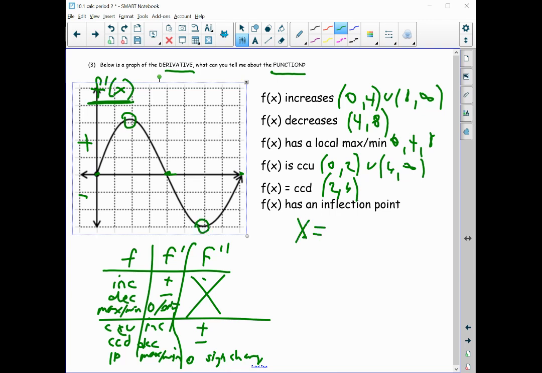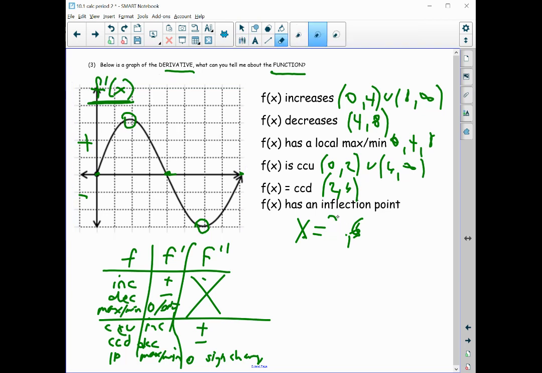Now, here's where we get confused a lot. I just told you that endpoints are maxes and mins, and on this graph, 0 is an endpoint. So on the f prime graph, 0 is a local minimum. But inflection points have to have a sign change.